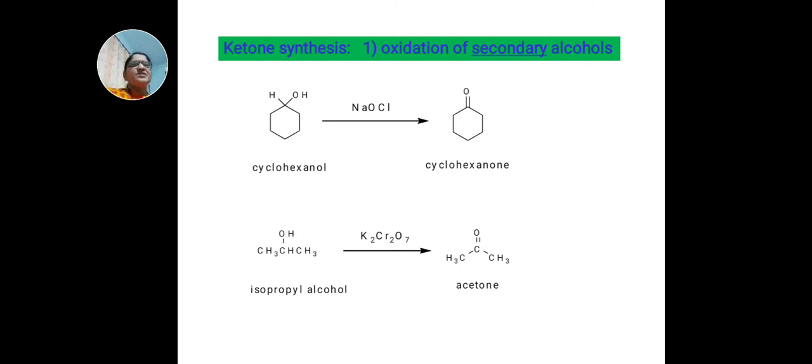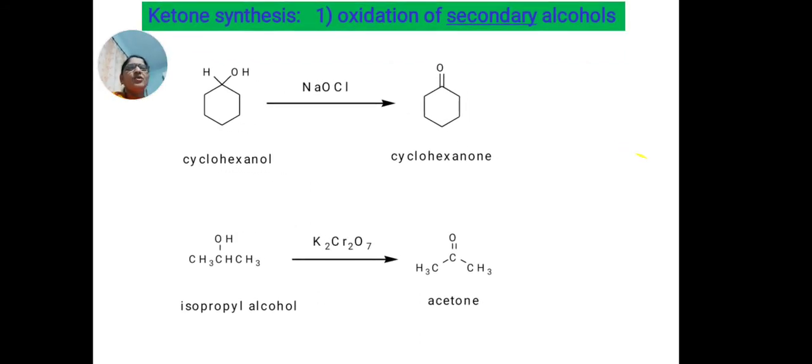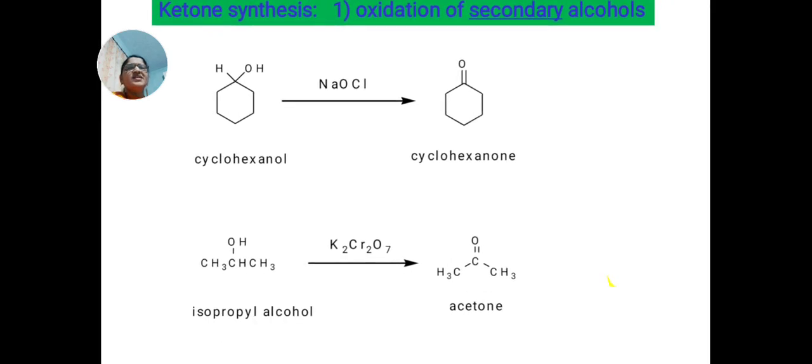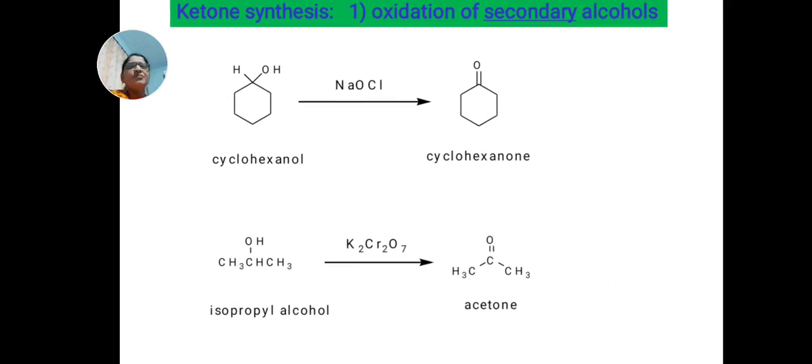Then the next method is synthesis of ketone. In this, the first method is oxidation of a secondary alcohol. The first example is cyclohexanol. In this compound, the OH group, the hydroxy group, is attached to cyclohexane, hence the name cyclohexanol. In presence of sodium oxychloride, it gives cyclohexanone.